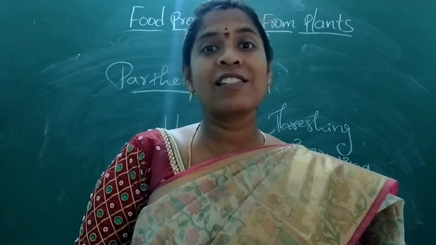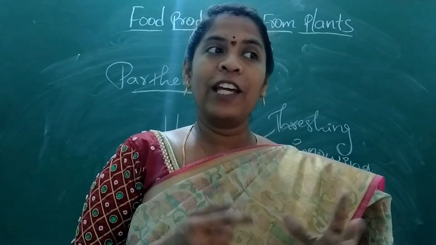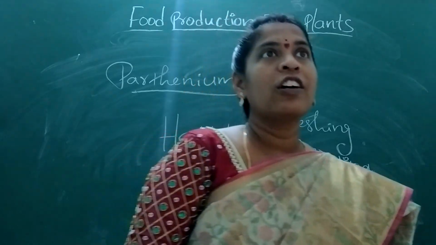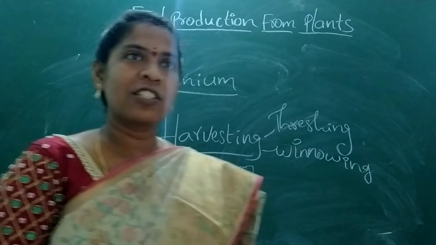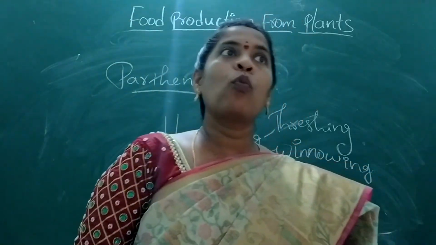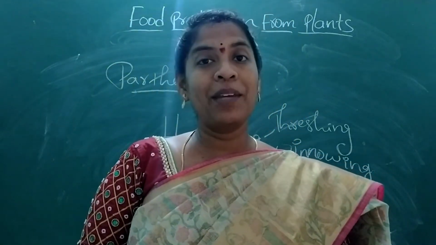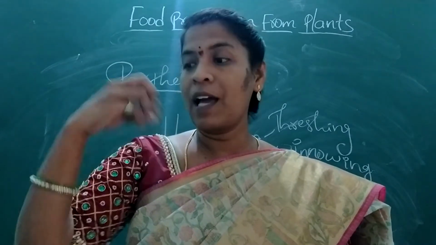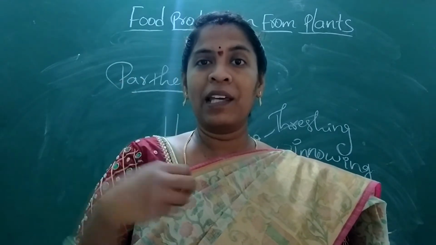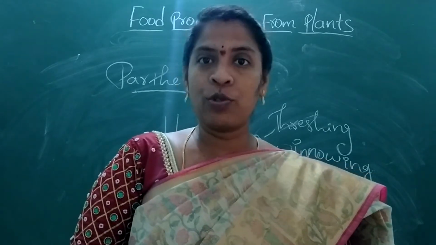To the godowns they shift it. There they store it. For example, this threshing and winnowing is for rice and wheat. Then what about vegetables, mirchi, and cotton? They are plucked by hand picking. They hand pick it and they store it in cold storages.